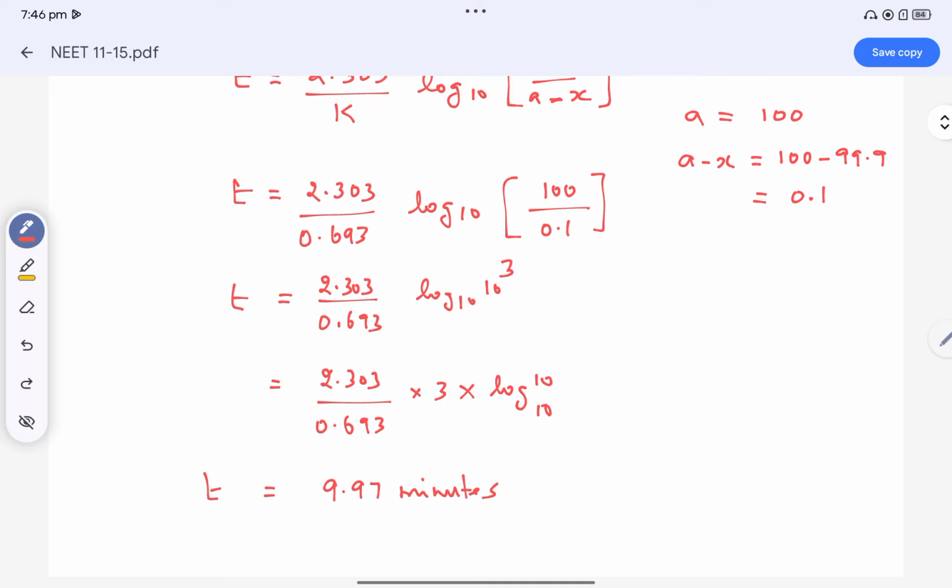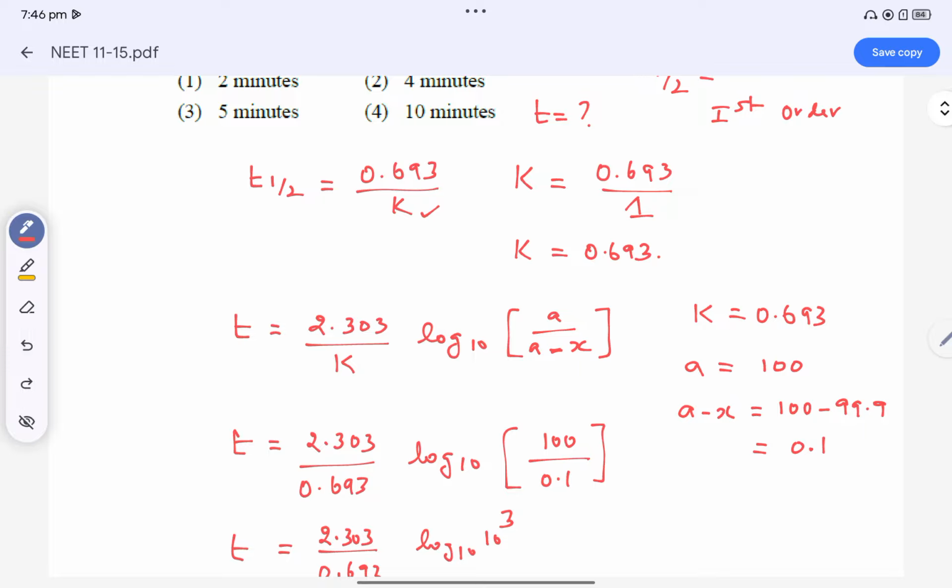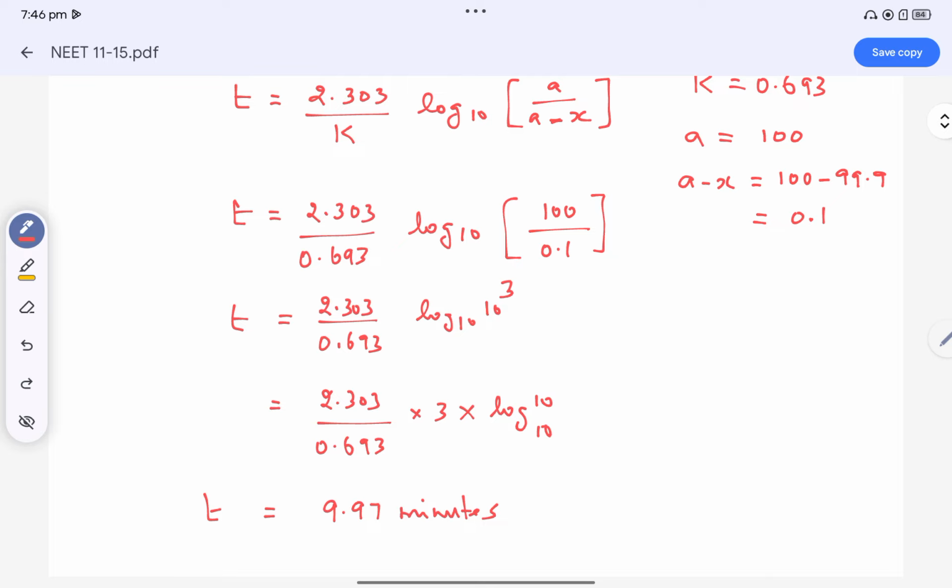Which option is this? Option D, option 4, which is closer value. 9.97 is closer to 10 minutes. So, option D will be the correct answer.